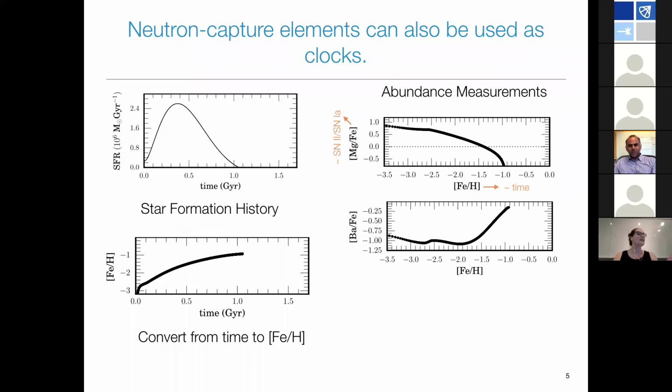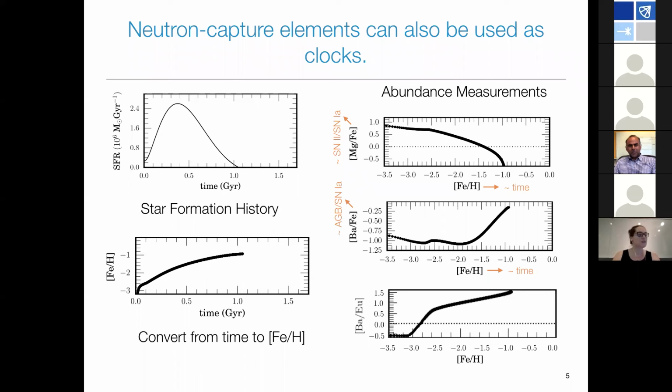My work is not only using alpha to iron, but also using a neutron capture element, barium, to iron as another type of chemical clock. In this little model here, I have barium predominantly produced by AGB stars. So this ratio, barium to iron, probes the contribution of AGB stars to type 1a supernovae as a function of time.